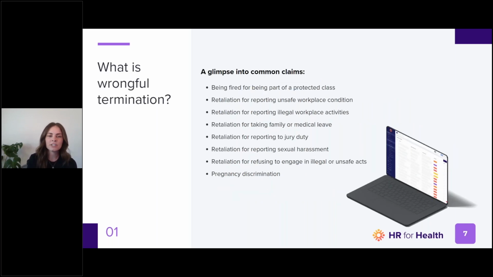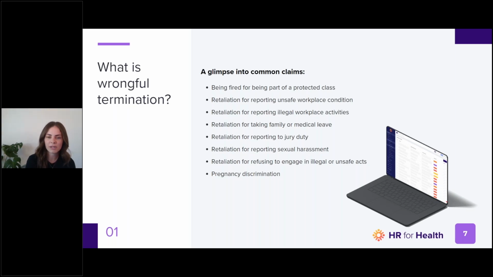And then wrongful termination, you'll hear me say this throughout the presentation. So common things that could be considered wrongful termination are being fired for being part of a protected class, retaliation for reporting unsafe working conditions, for reporting illegal workplace activities, for taking family or medical leave, for reporting to jury duty, reporting sexual harassment, really anything that they have a protection to do.